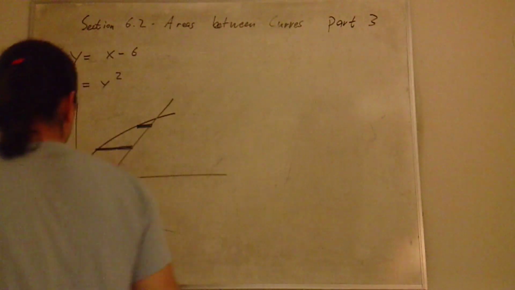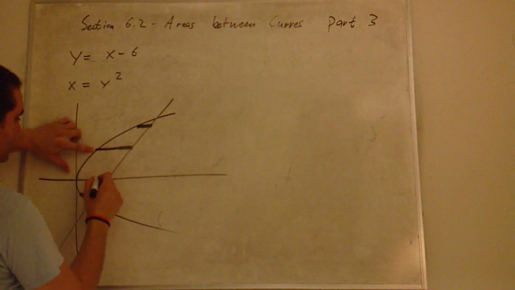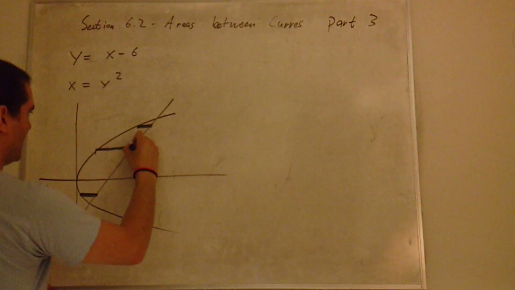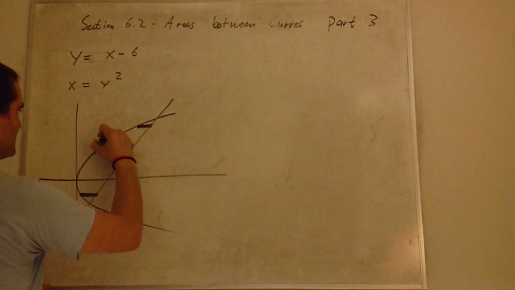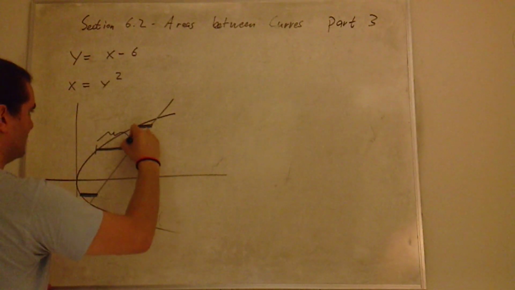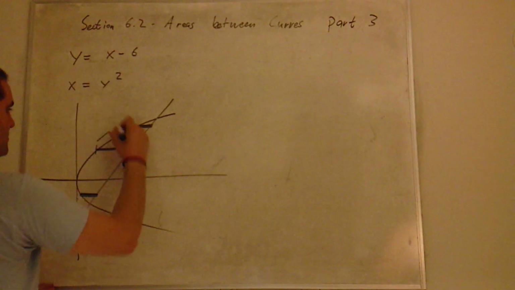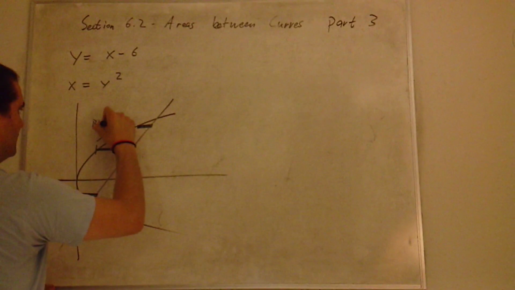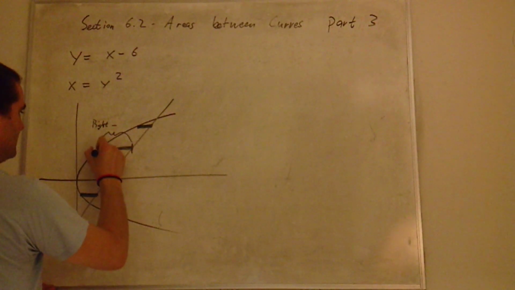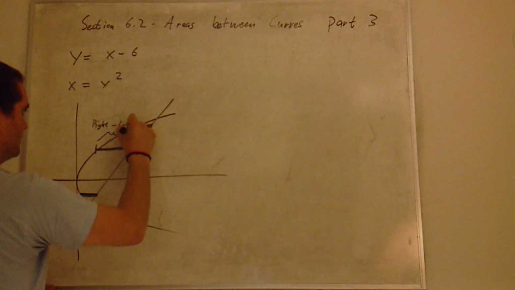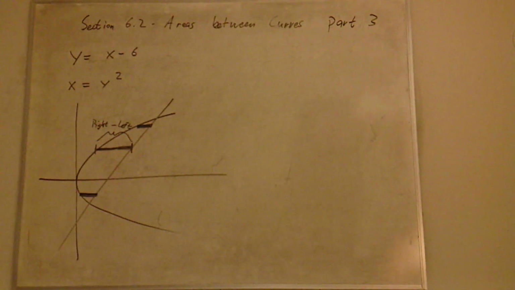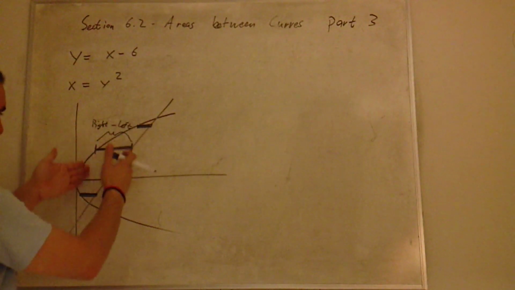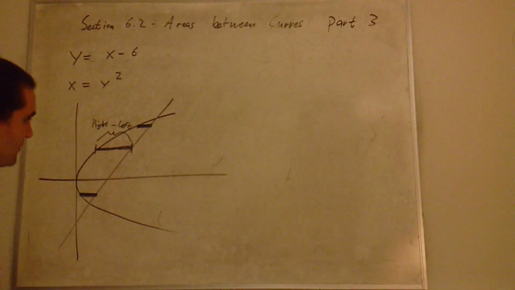Here, when we look at this rectangle, hopefully we can see that this height, or I guess width in this case, is the difference between the right function minus the left function. So we're using horizontal distances instead of a vertical distance.